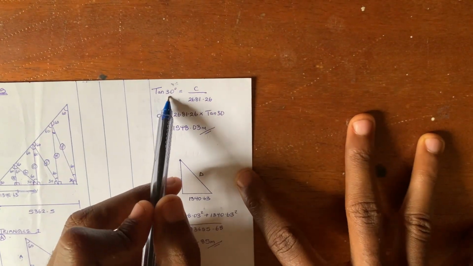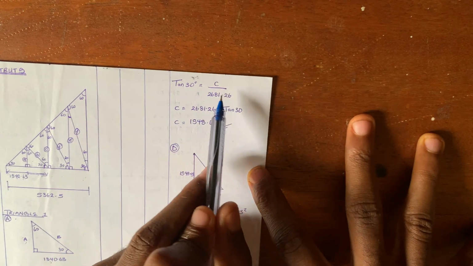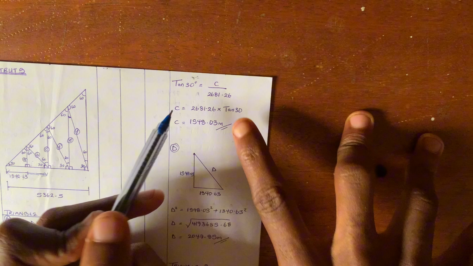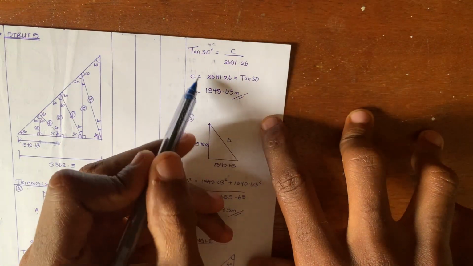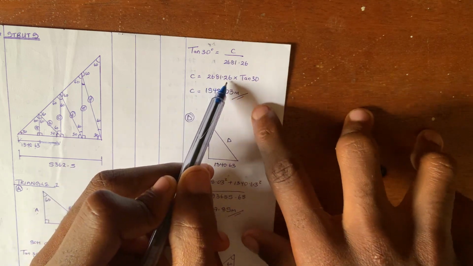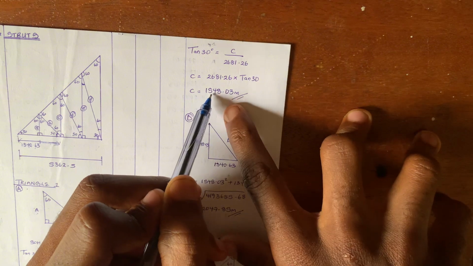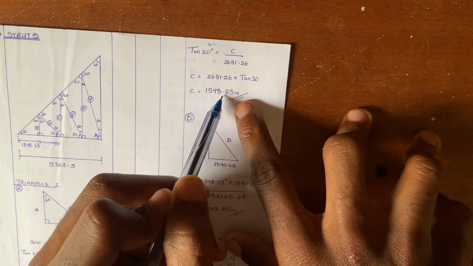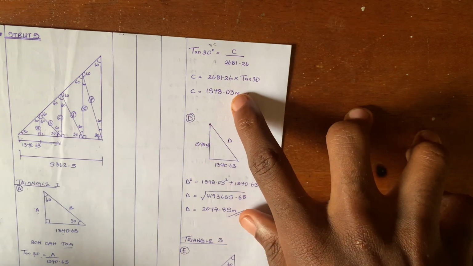So tan 30 degrees is equal to the opposite, which is C, all over the adjacent, which is 2681.26. C will now be equal to, you cross multiply, 2681.26 times tan 30. C will now be equal to 1548.03 meters.